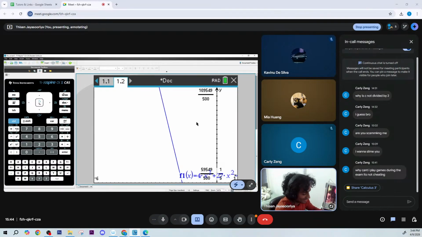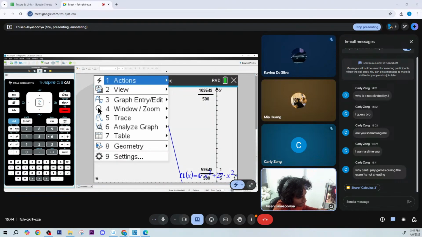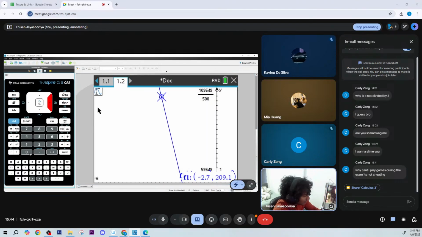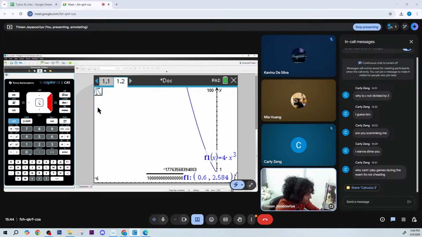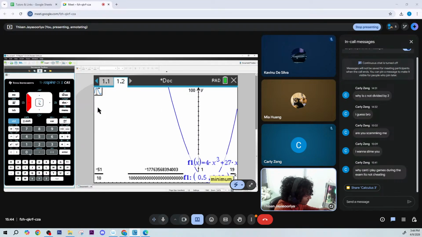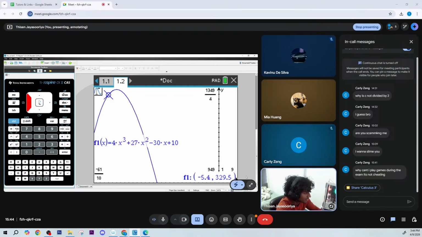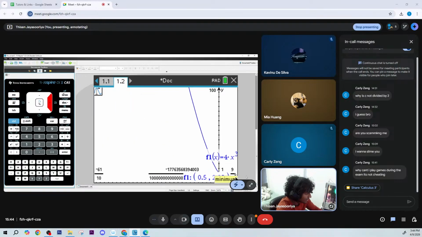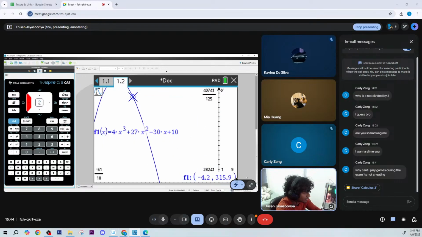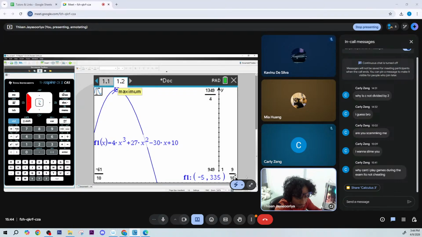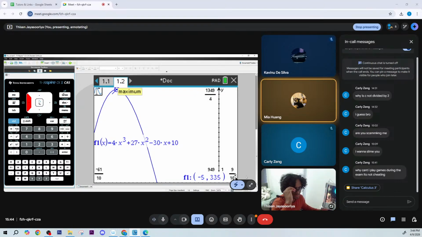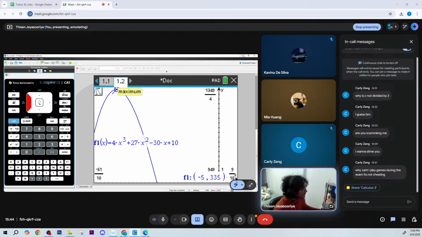So yeah. Did you get the correct sketch for the graph now? Oh, yeah. So then, right, you go all the way down here. This is the minimum, right? And then between the minimum and the maximum, it will be decreasing. Yeah? So between -5 and 0.5, that's going to be decreasing. Does that make sense? Yeah. Does that make sense for the two of you as well? For Kavini and Carly?